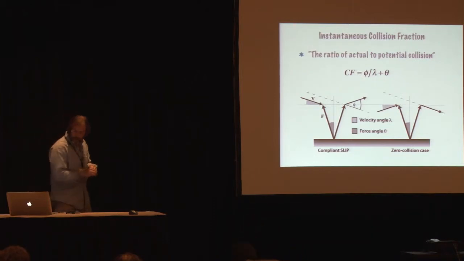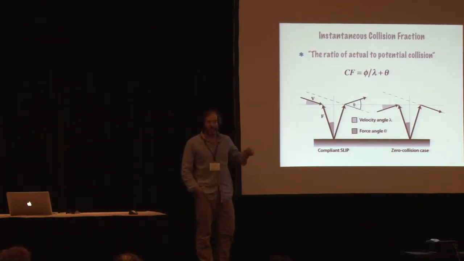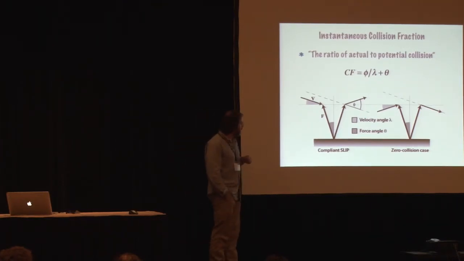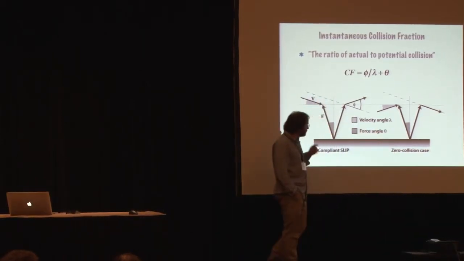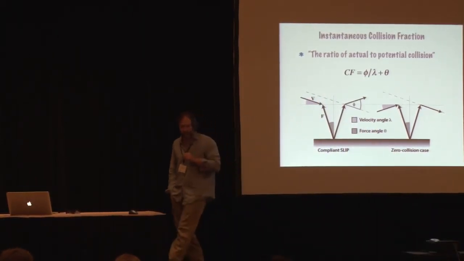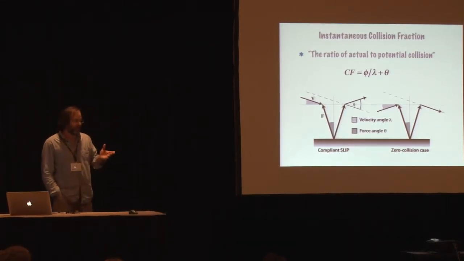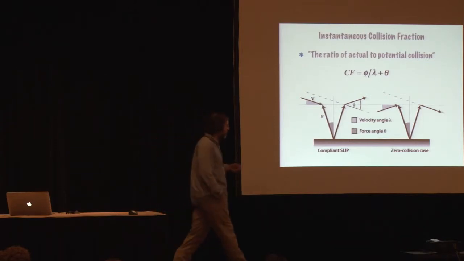So as I said in the beginning, this approach doesn't make any assumptions about an inverted pendulum or a spring-loaded inverted pendulum, but I do want to point out that the zero collision case would be an example of a point mass inverted pendulum with no step-to-step transition, something that doesn't exist.